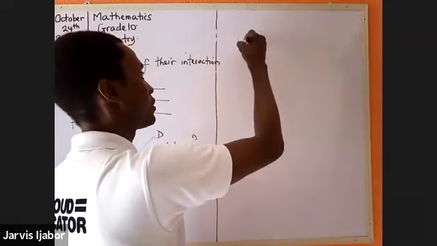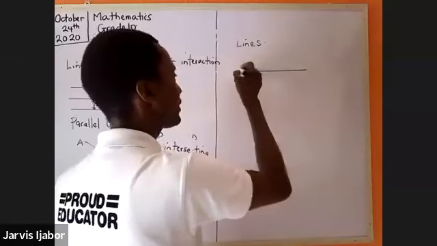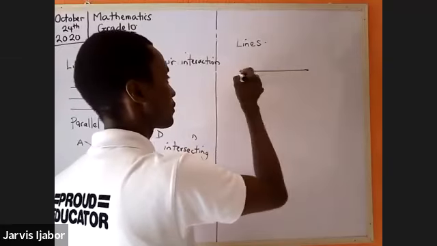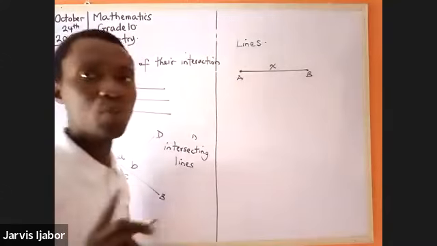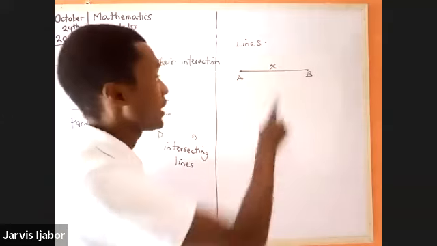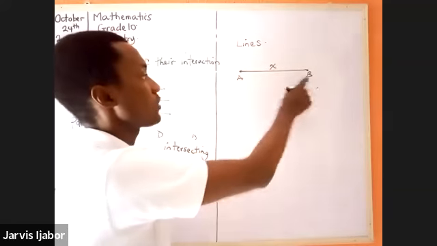Maybe I should, is what I mentioned it. Now, a line is represented by either a small letter or two capital letters.